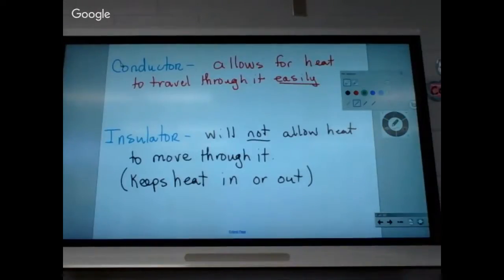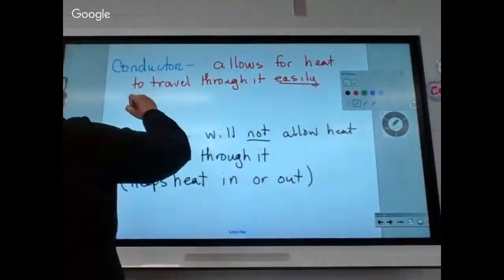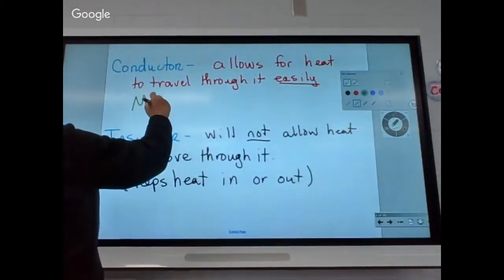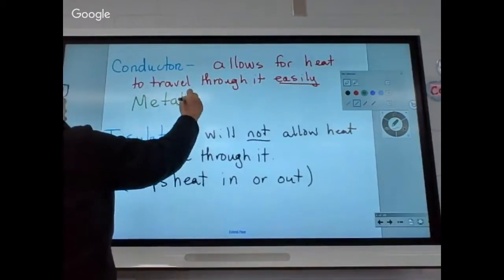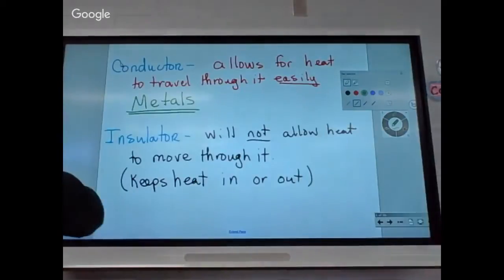What kind of materials are those? They're metals. Conductors are metals. So if it's a metal, it's a conductor.